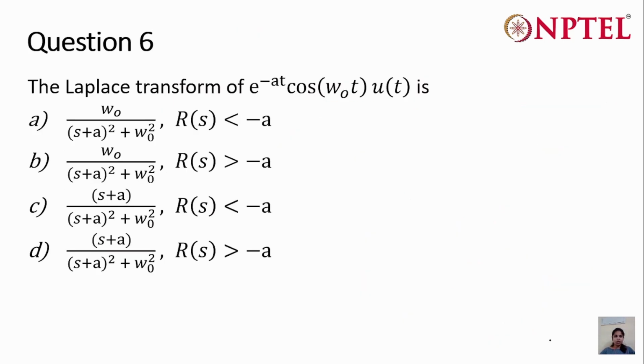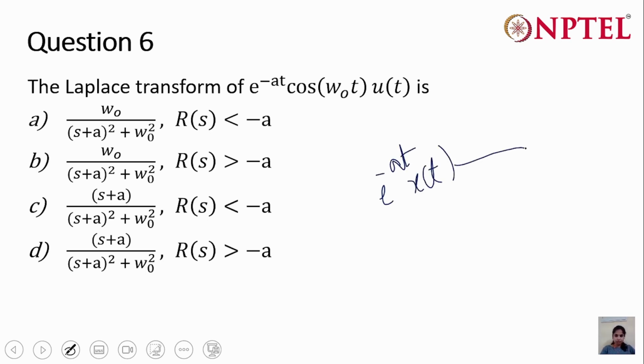Okay. So what is the Laplace transform of e power minus at into cos of omega naught t into u of t? When you have e power minus at into x of t, if you take Laplace transform, multiplication of exponential, what does it translate to?